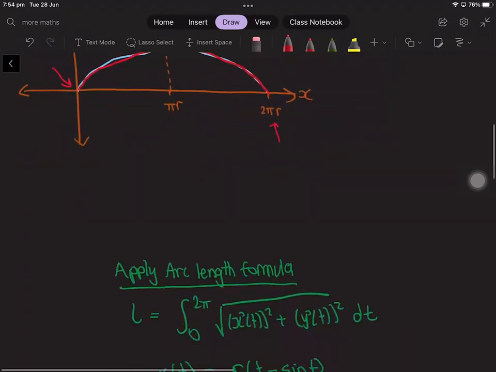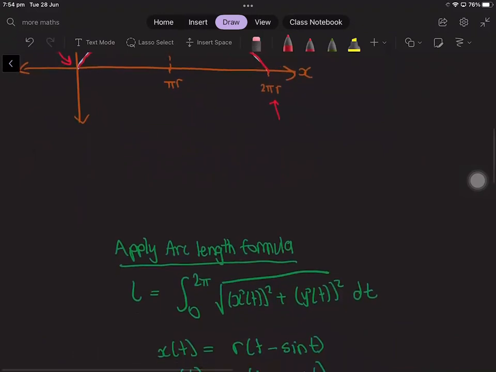So we can apply the arc length formula from integral calculus. The length of the arc is equal to the integral from 0 to 2π of the square root of the derivative of x(t) squared plus the derivative of y(t) squared.